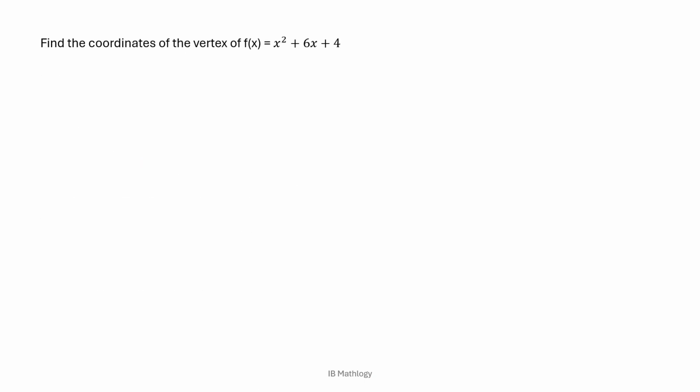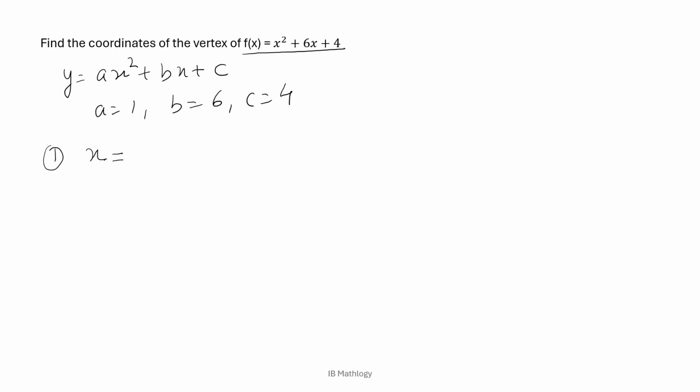Now let's find the coordinates of the vertex of the function f(x) = x² + 6x + 4. We will first compare this with the standard quadratic equation ax² + bx + c, and I can write a as 1, b as 6 and c as 4. Now the first point is to find the x coordinate of the vertex, that is -b/2a. Let's put in all the values.